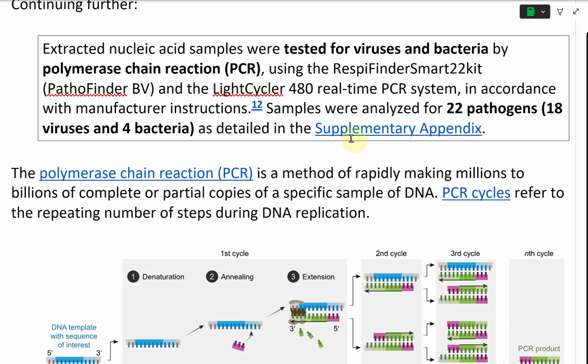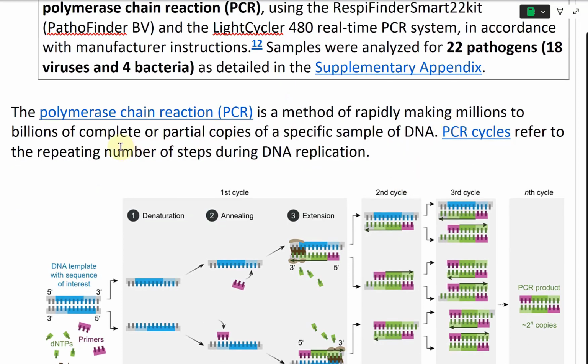This appendix just gives you the list of these supposed pathogens, viruses and bacteria that they were looking for. The polymerase chain reaction, or PCR, is a method of rapidly making millions to billions of complete or partial copies of a specific sample of DNA.